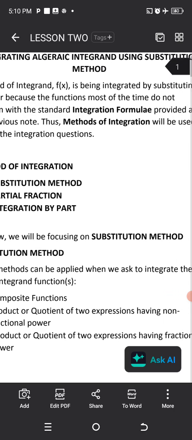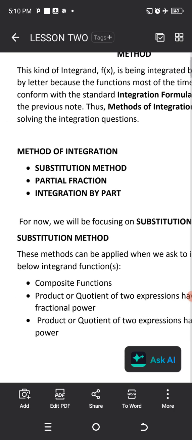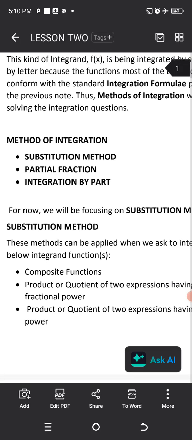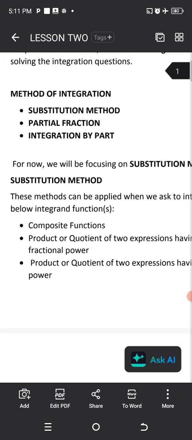So this method of integration will be used in solving these integration questions. For now, like I said, we focus on the substitution method.